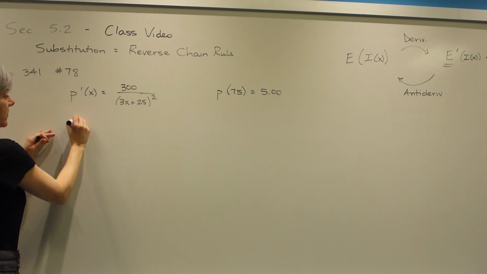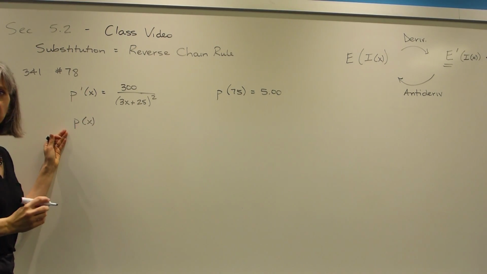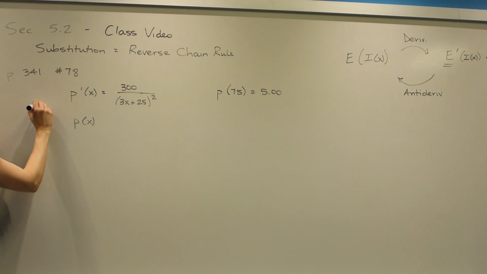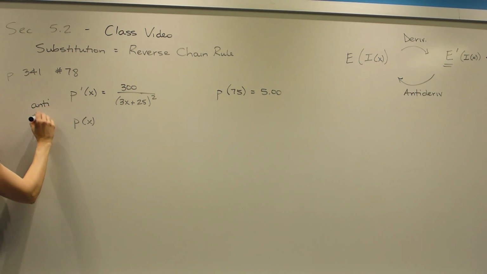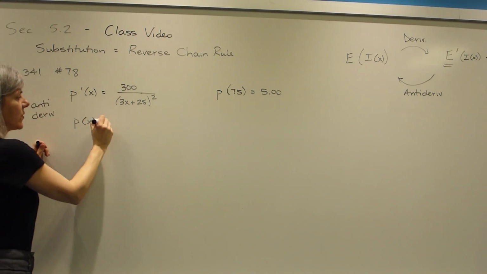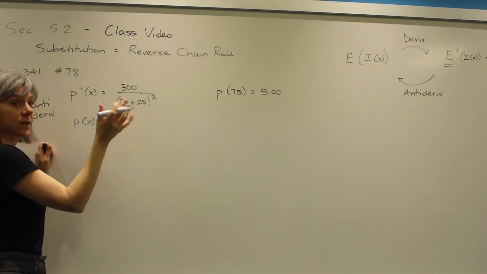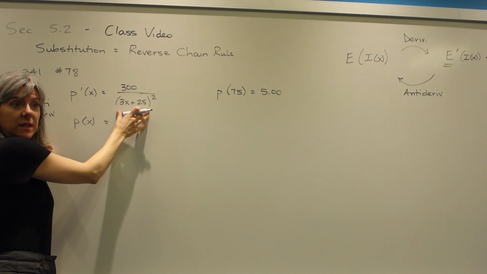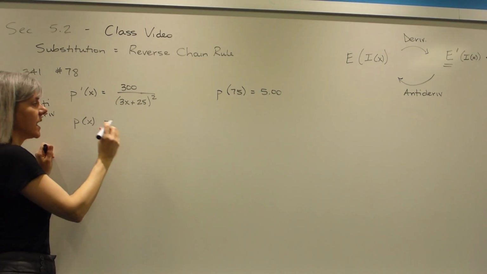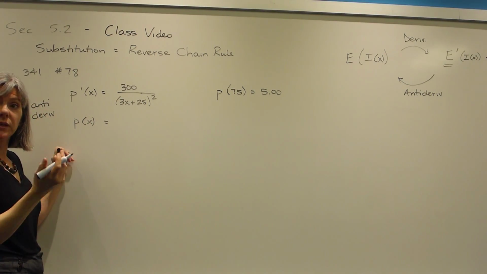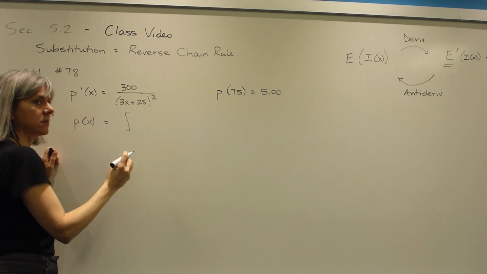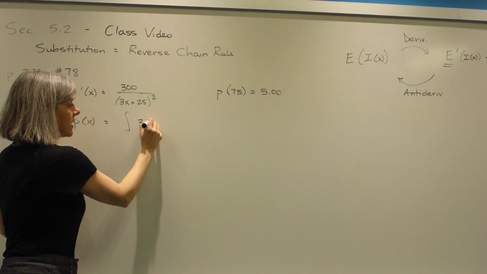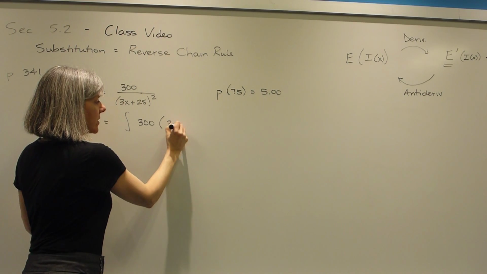So how do I go from P prime to P? Antiderivative. Yes, I'm going to rewrite it because this is going to be a power. Do we agree that's a power? But since I'm doing the antiderivative, if you want to, go ahead and write in that symbol, so that you're not confused as to where you are in the problem.